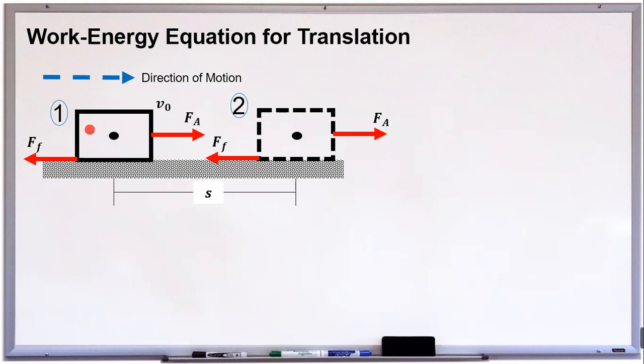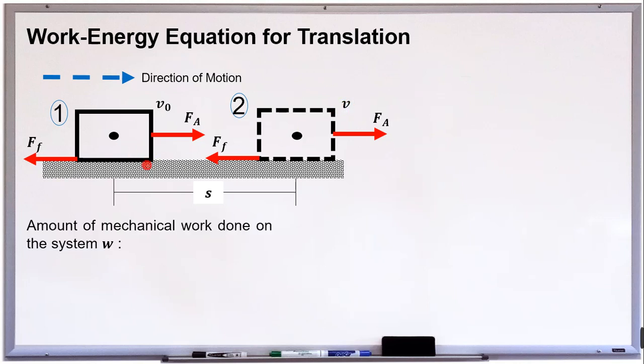And of course, since it is in motion, it has a displacement equal to s. So it moves at a certain distance towards the right. Now, since we have a frictional force, the velocity of this object changes from v naught, that is its initial velocity, towards v, which is its final velocity.